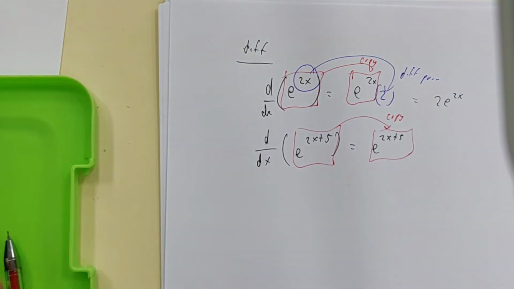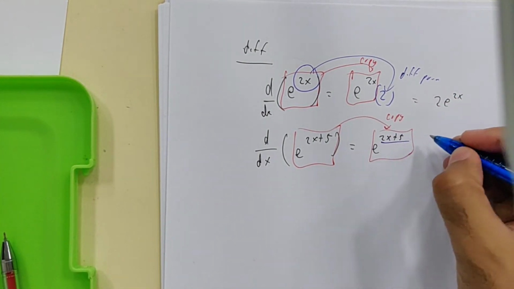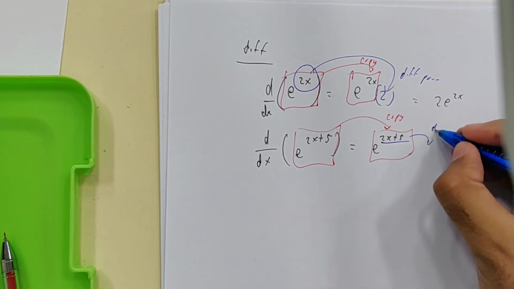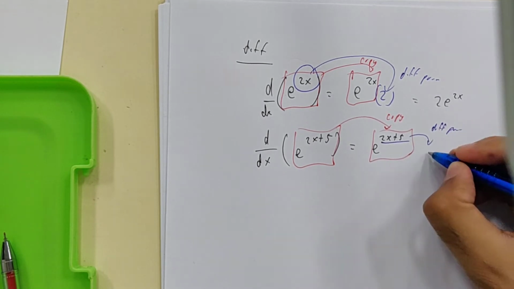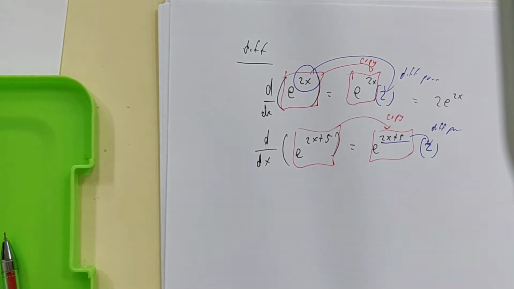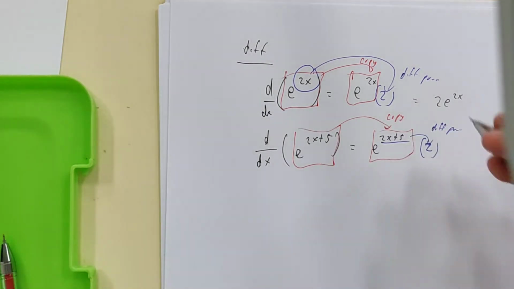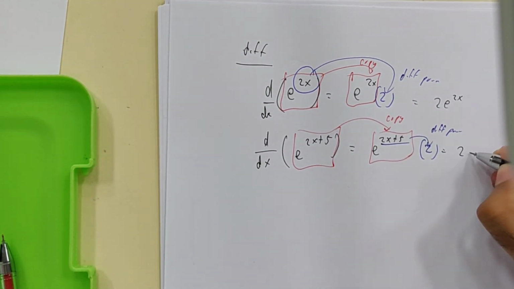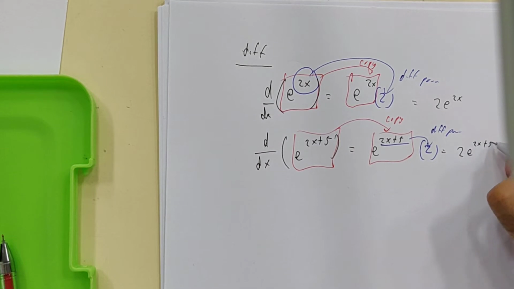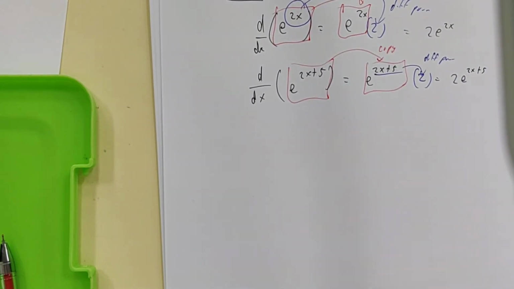And then differentiate the power. You got 2. Of course you can rearrange things back. 2e to x plus 5. Okay?